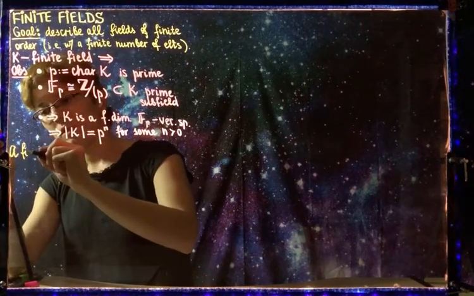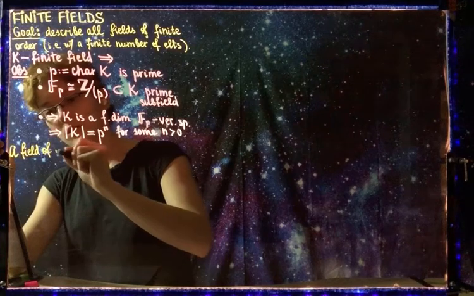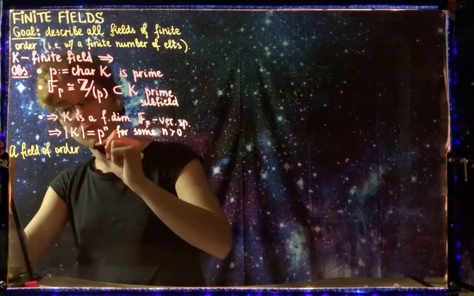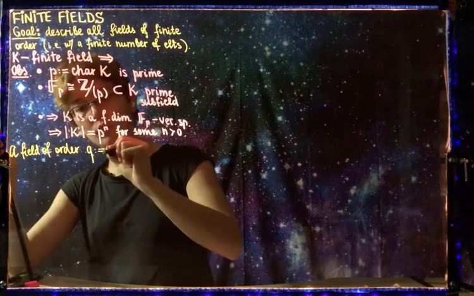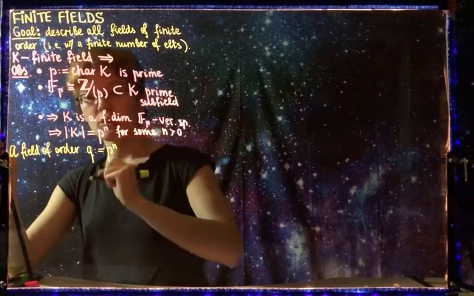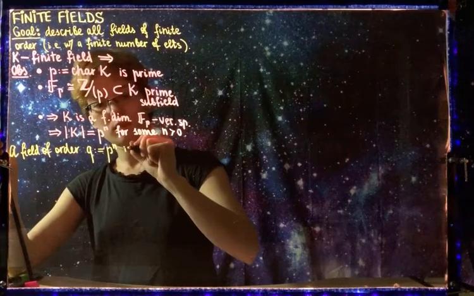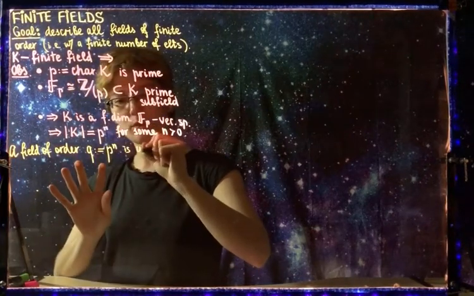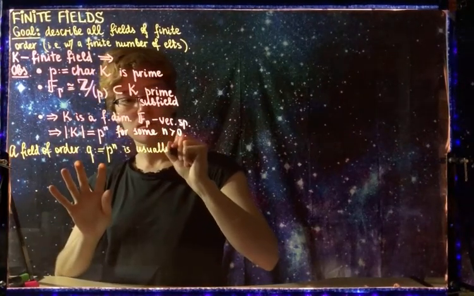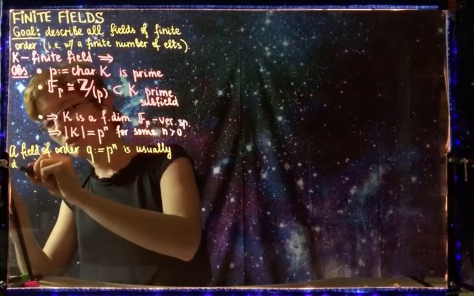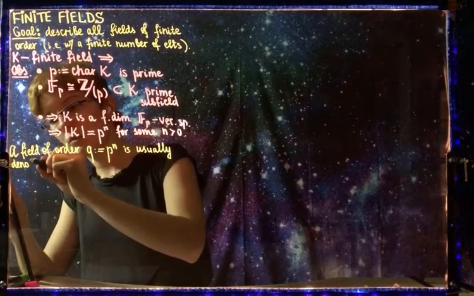So a field of order q, this is how we usually denote a power of p, is usually denoted by F sub q.